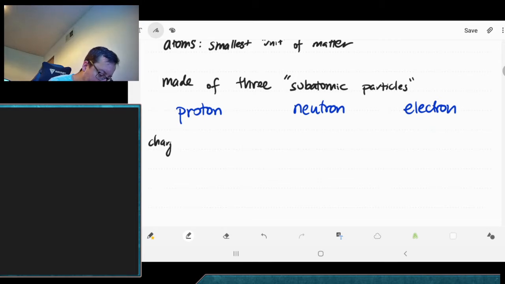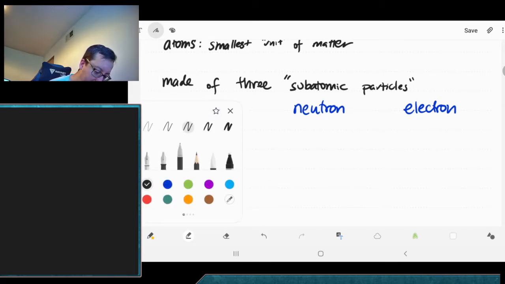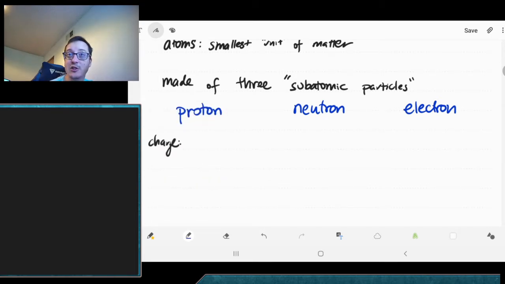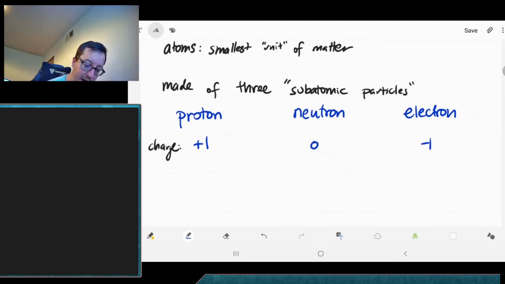So one thing that distinguishes these is they all have a different charge. A proton has a positive 1 charge. So protons are positively charged. Neutrons are neutral. They have no charge. And then electrons have a negative 1 charge.